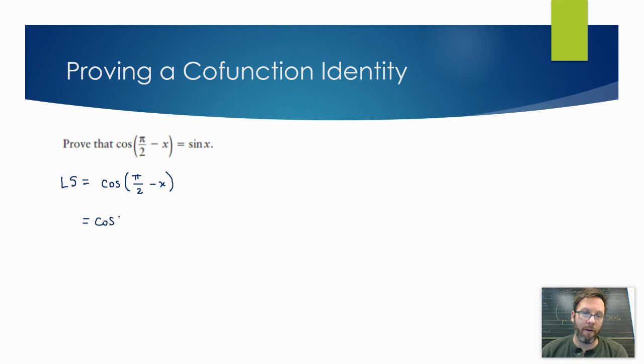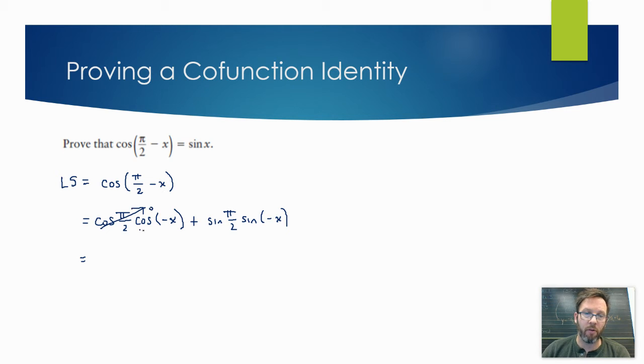So that's cosine of pi over 2 times the cosine of minus x, and then plus the sine of pi by 2 times the sine of minus x. All right, now the cosine of pi over 2 is 0.